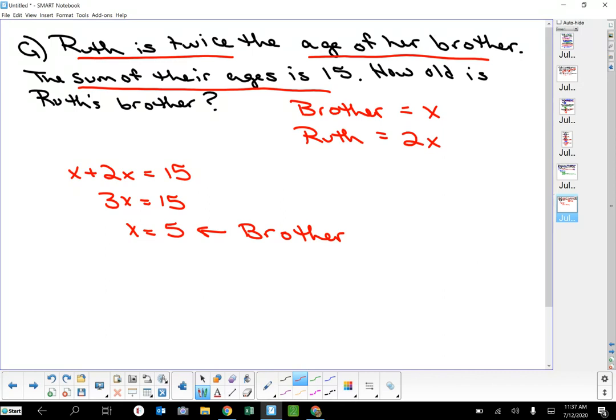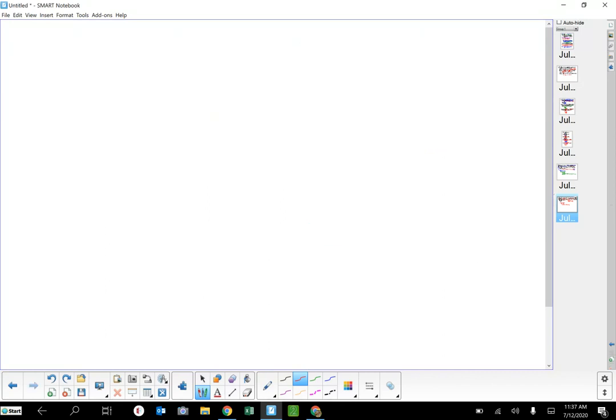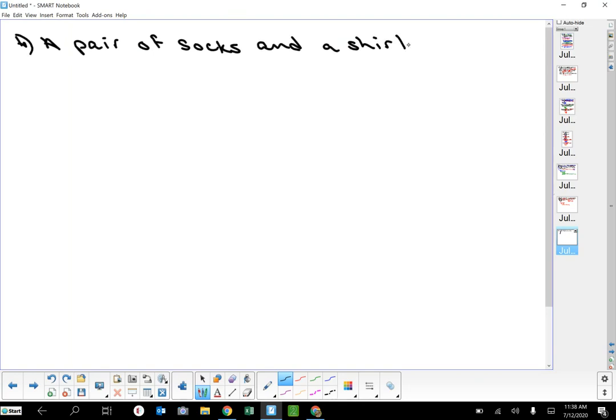Okay, now here's kind of a fun one. This is a good algebraic problem that you might see on an ACT, actually. This is problem H, and it says a pair of socks and a shirt cost $40.